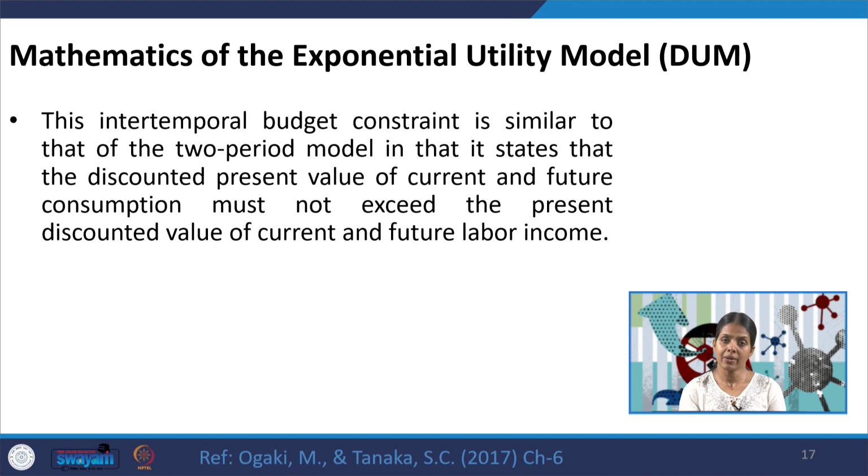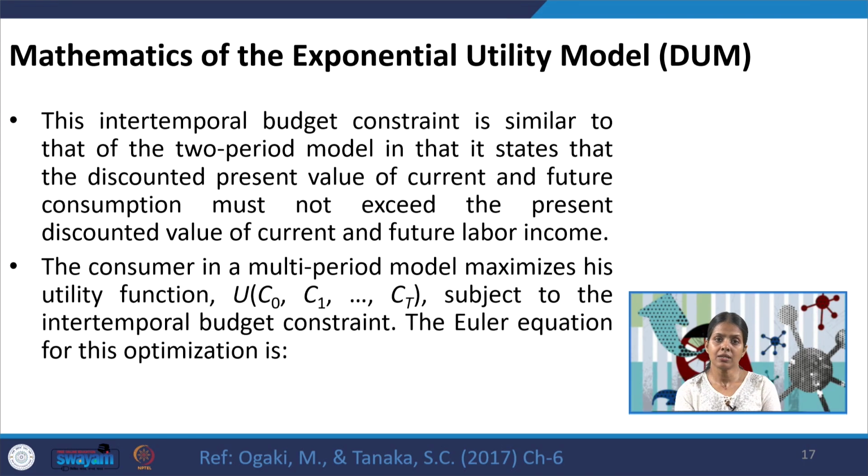This intertemporal budget constraint is similar to that of the 2 period model in that it states that the discounted present value of current and future consumption must not exceed the present discounted value of current and future labor income.